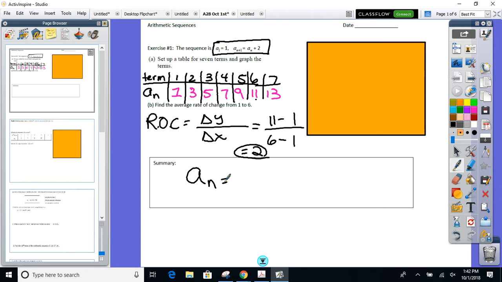So multiply it by 2, subtract 1. Does that work for the fifth term? Yeah. Multiply it by 2, subtract 1. We're good? Everyone, yeah? Okay, so it's going to be 2 times, and we'll have a symbol for this in a second, 2 times the term minus 1, okay?